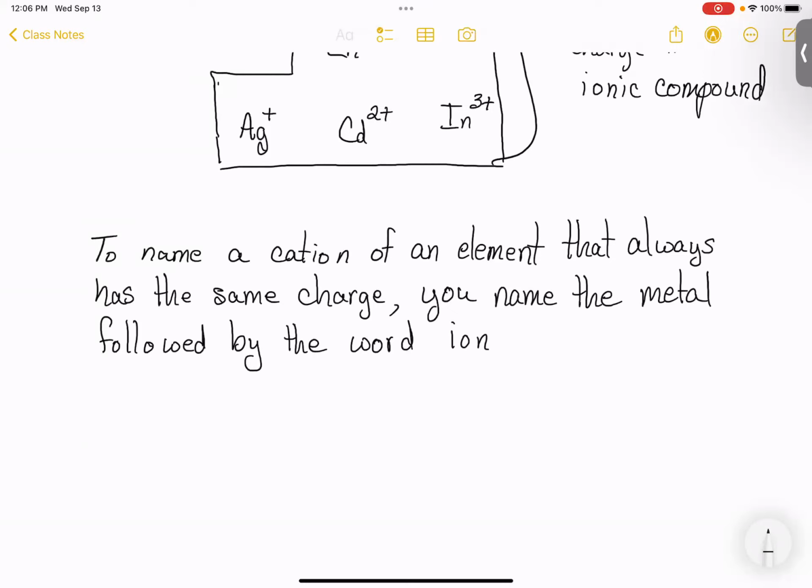So, Na. Na is sodium. It is in group 1. Group 1 always forms the same charge. It always forms a +1 charge. So Na+ is called sodium ion.